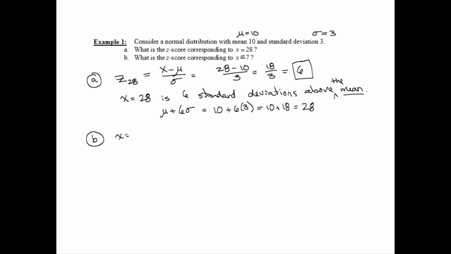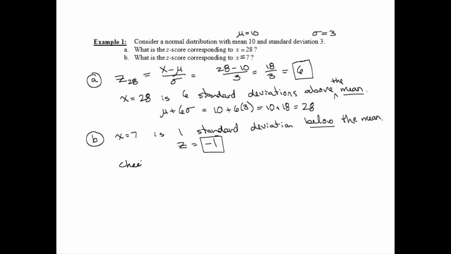So an x value of 7 is 1 standard deviation below our mean. That means my z will be -1.